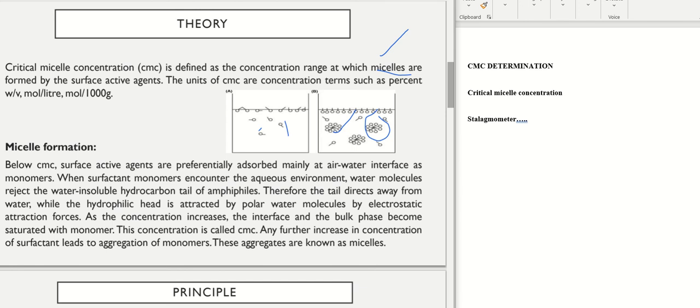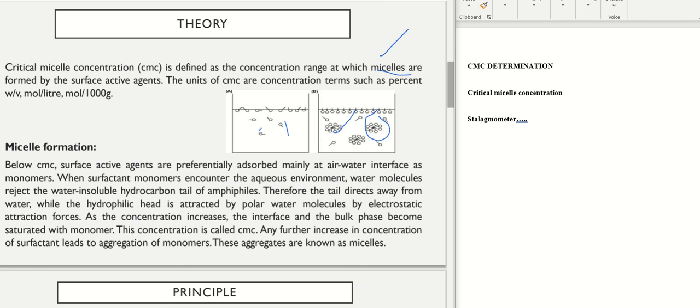It is at this point where the solubility of a particle in a system increases, and it is at this point the surface tension between the two phases decreases. So all the particles, the individual entities of surfactant molecules, will tend to come closer and form a micelle.